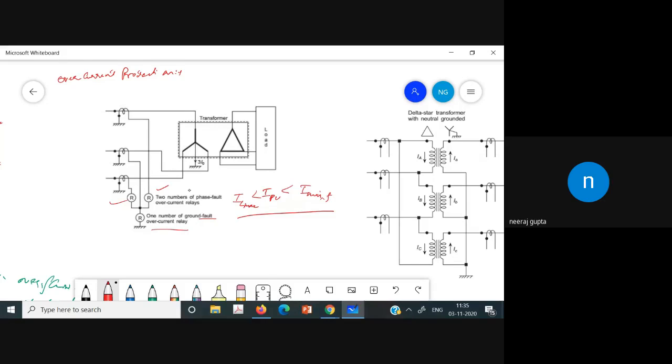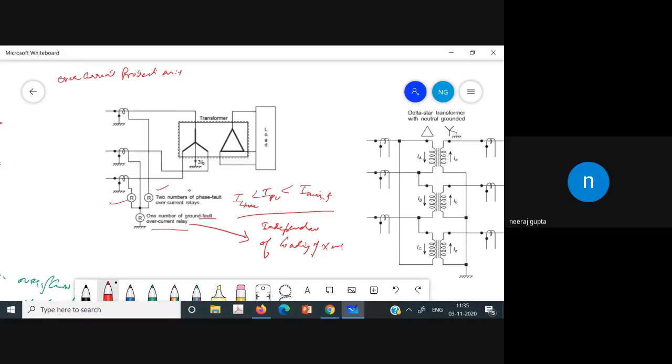However, the pickup value of this relay is independent of the loading of the transformer.